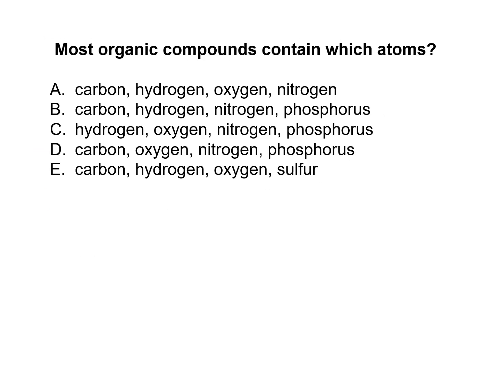If you remember what we studied before, you remember that most organic compounds contain which atoms. Organic compounds have carbon. For example, hydrocarbons have hydrogen. So right away, C is wrong because there is no carbon here.